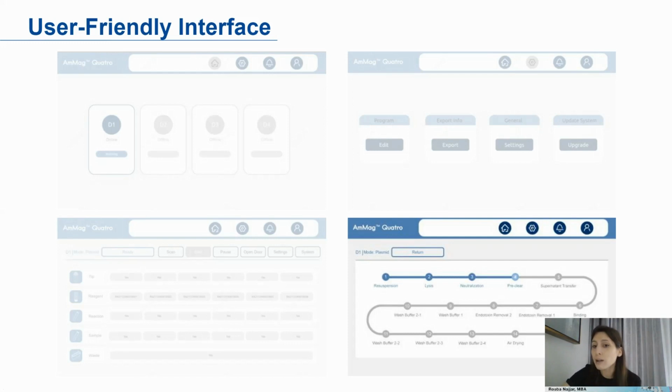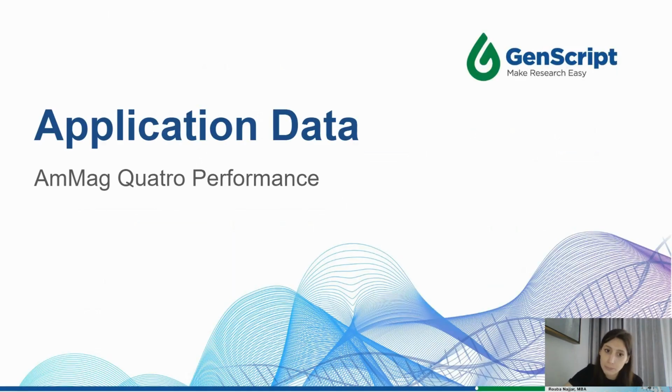So you can see here that everything in blue has been completed, and the step that's blinking, the pre-clarification step, in the light blue, is currently the step it's on, and then what's left over is everything in gray. And it will also give you a countdown of when the complete run is estimated. So that way the user can walk away and then come back once the timeline has lapsed.